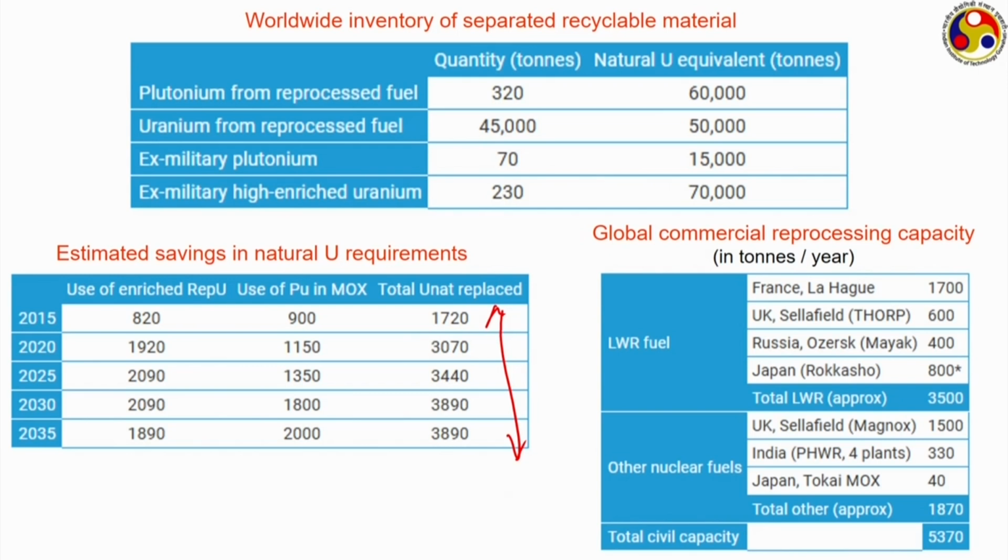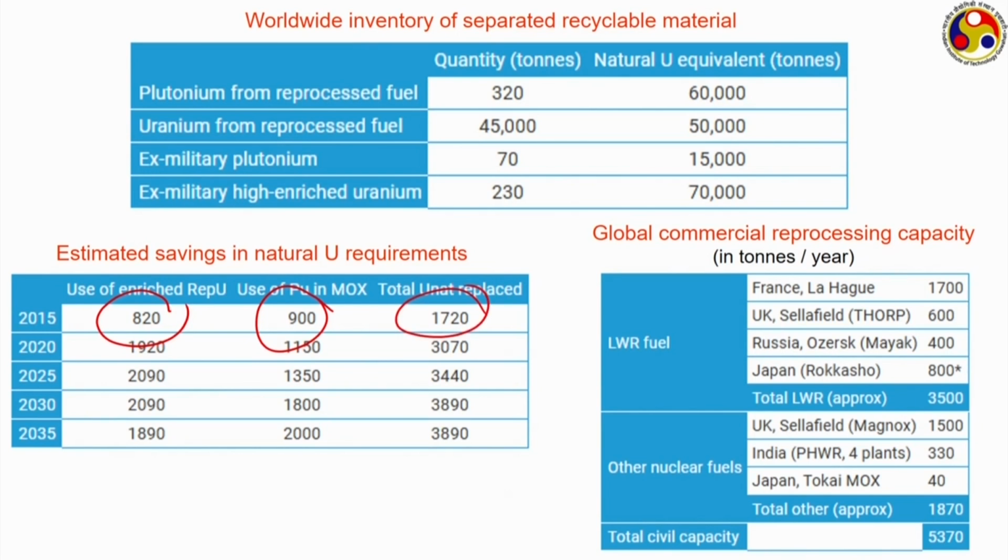In 2015, it is only a projection starting from 2015, the total amount of enriched and reprocessed uranium comes to be something like this, and the plutonium used in MOX is something like this. So, the total natural uranium replaced can be 1720 tons.